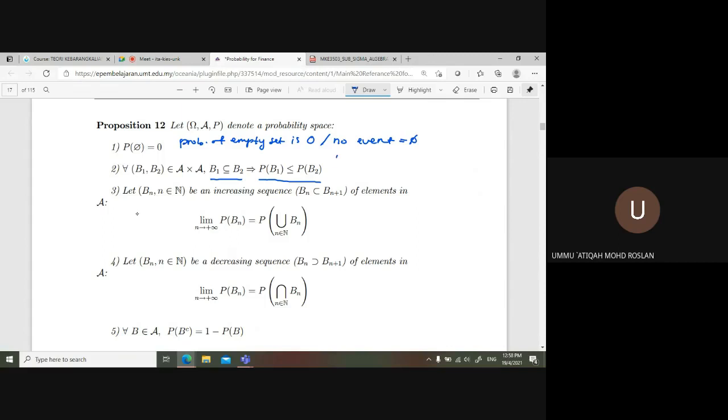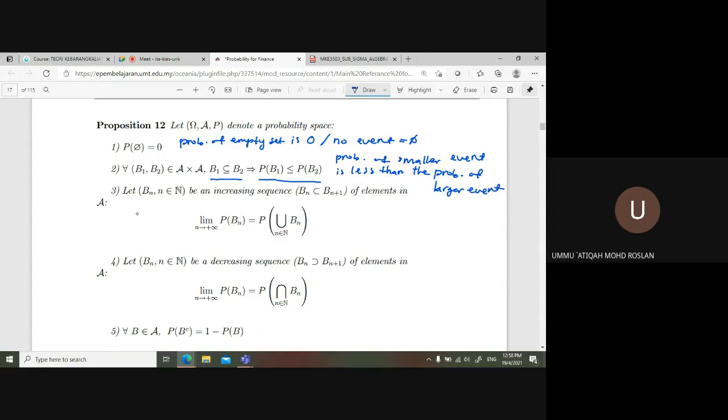So maybe I can write down here: the probability of the smaller event is less than the probability of the larger event.